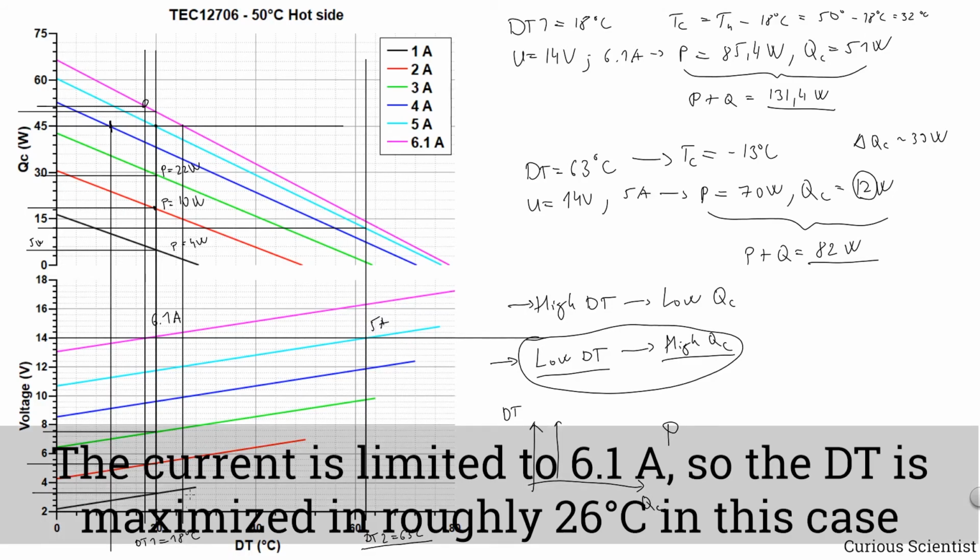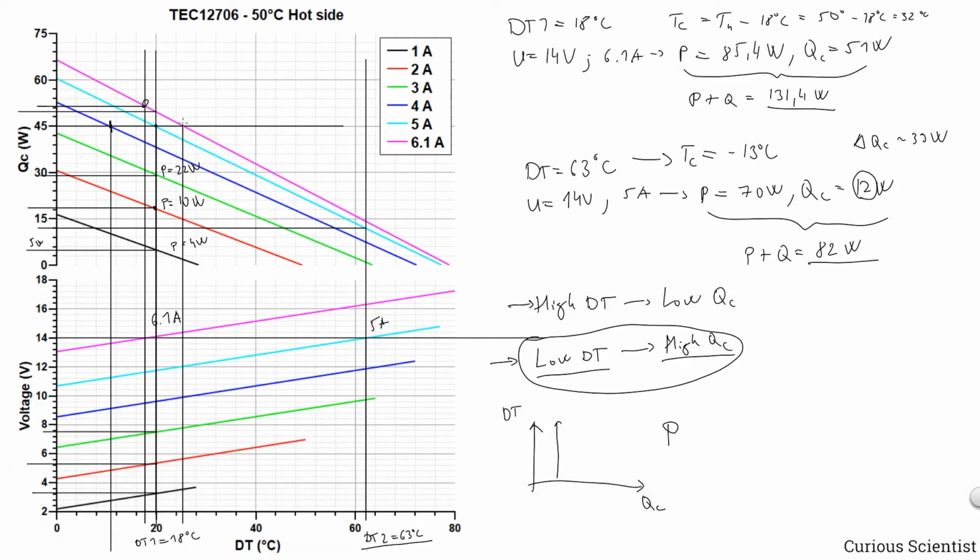So 27, let's say, or 26 DT at 6.1 amps. But then at 6.1 amps you will have an enormous amount of rejected heat. So then, in order to be able to maintain the same DT with the same QC with increasing DT, you always have to have better cooling on the hot side.